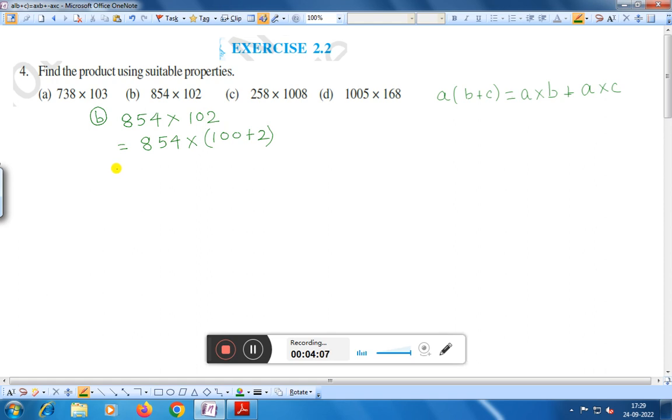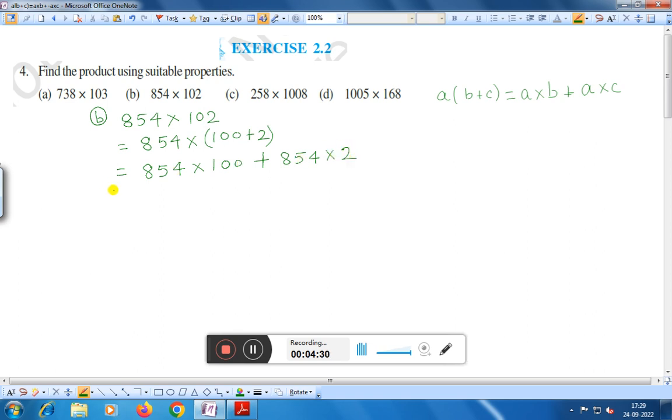Now we multiply this one, 854 into 100 plus 854 into 2.